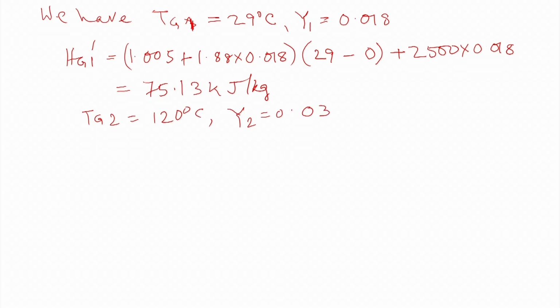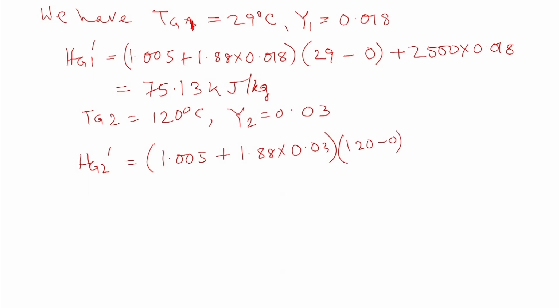So, in the same way we will be calculating Hg2 prime, that is equal to 1.005 plus 1.88 into 0.03, into 120 minus 0. Here also the reference temperature is 0 degree Celsius, plus 2500 into 0.03. So, it comes out as 202.4 kilojoule per kg.